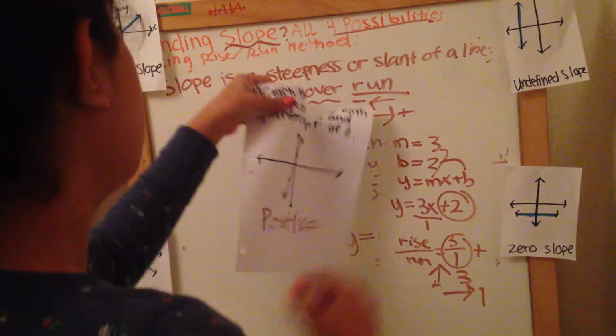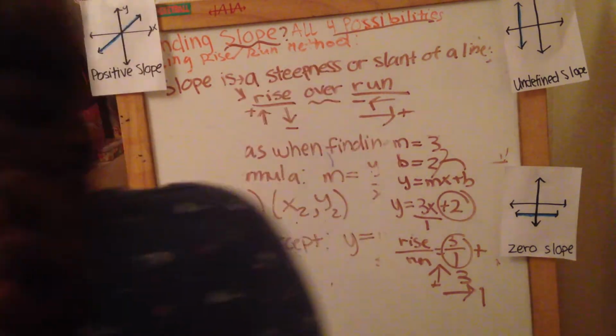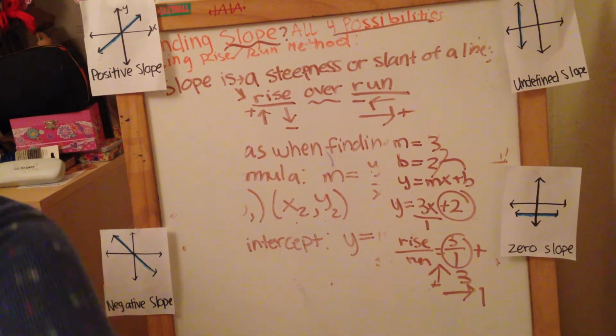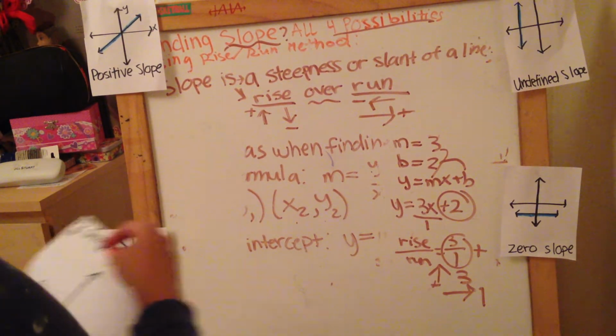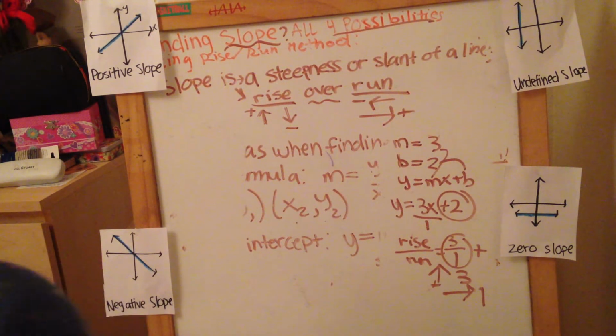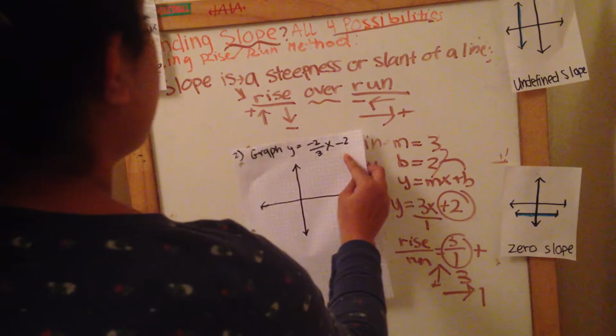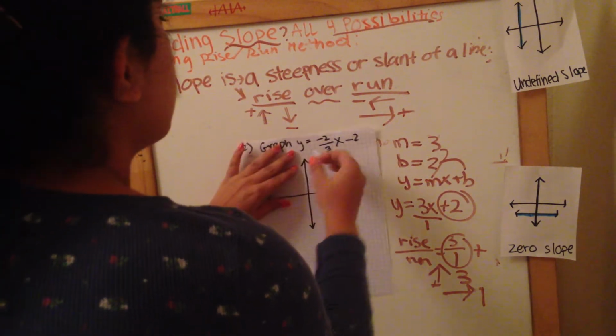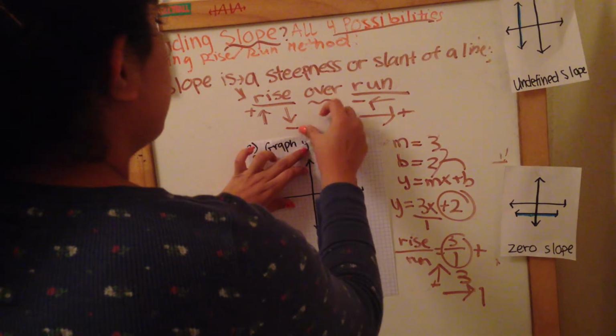Now, graph y equals negative 2 over 3 x minus 2.